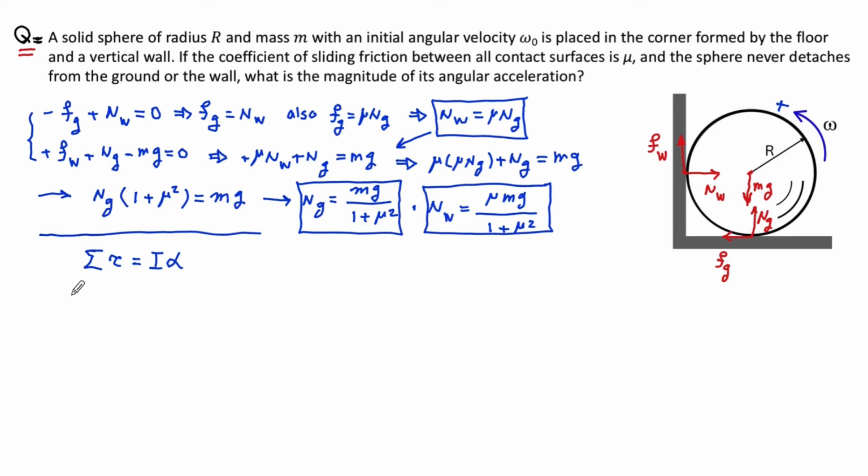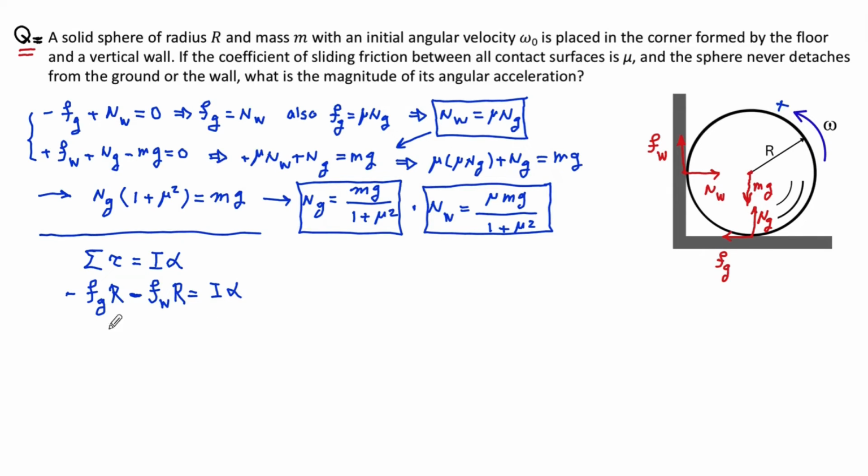That's why we have minus Fg times the arm, which is r, the radius of the sphere, again minus Fw this time, times the arm, which is r again, equals I alpha.